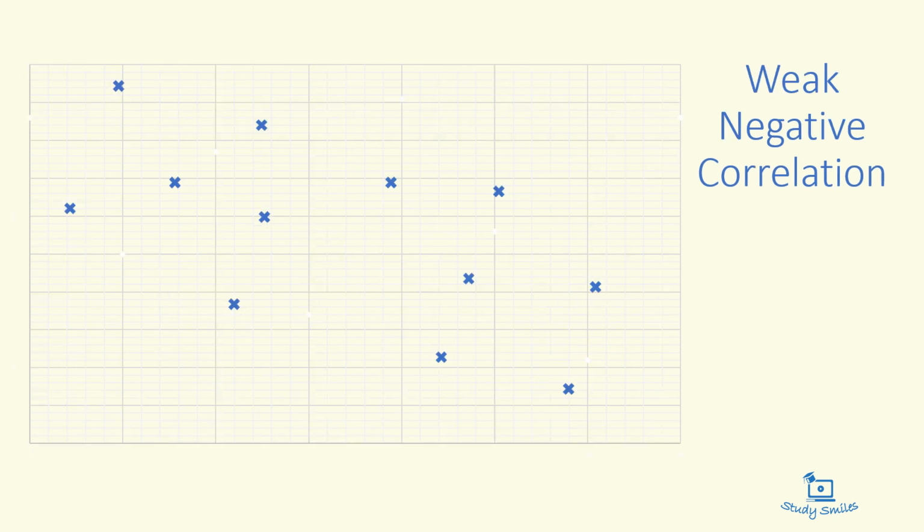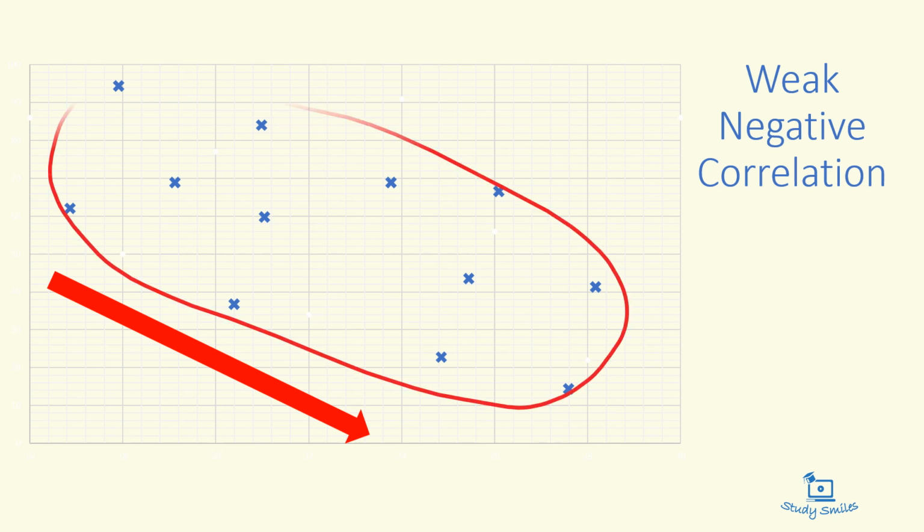This scatter diagram is showing a weaker negative correlation. There's just about a downward trend of data points from top left to bottom right, the direction of a negative correlation. Again, if we draw a bubble around the data points, we can see this downward trend more clearly.